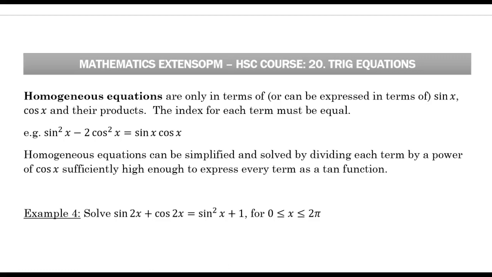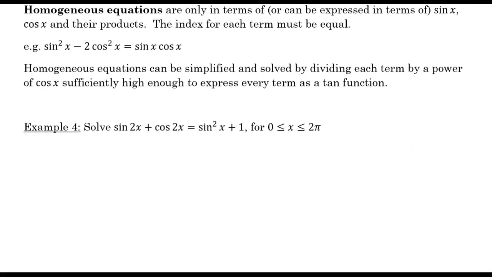Once I've done that, once everything's in terms of sine and cos, then I divide throughout by the highest power of cos, and that will turn everything into tan. I'll show you how that works here. So I've got sine 2x plus cos 2x is sine squared x plus 1. Now, if we remember, sine 2x is 2 sine x cos x.